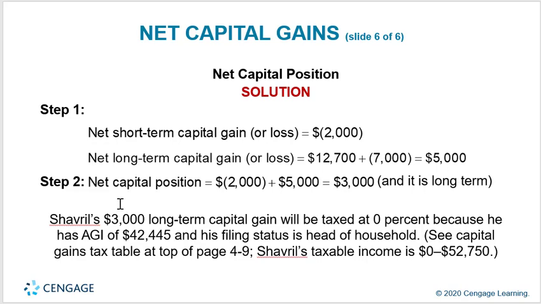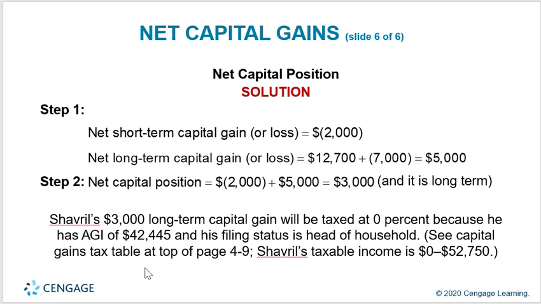And so his net capital position is the net short-term capital loss of $2,000 plus a net long-term capital gain of $5,000, which gives you $3,000, and it's a long-term capital gain.